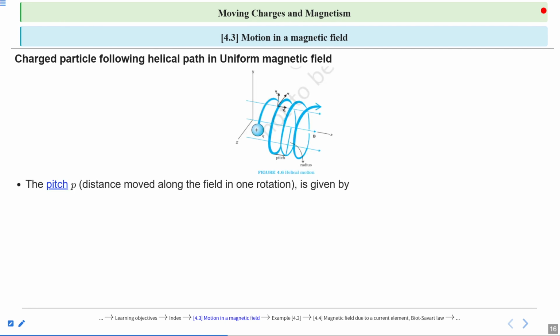Pitch is a new term that we are going to define here. What is pitch? Distance moved along the field in one rotation. You may have seen the pitch of a screw gauge in 11th class. Pitch means the distance moved by anything that is following circular motion and linear motion simultaneously, like a screw.